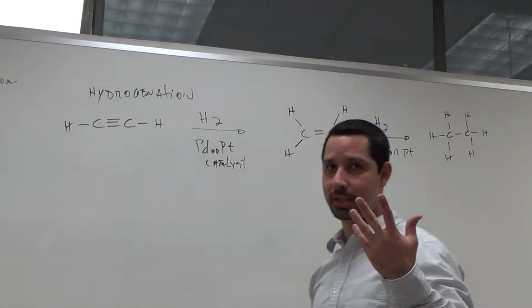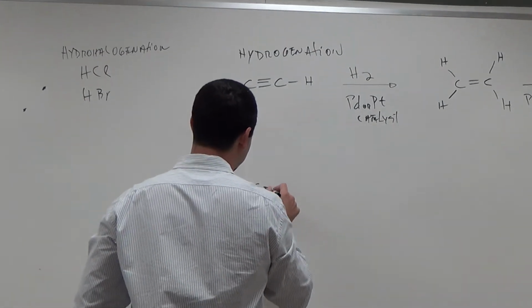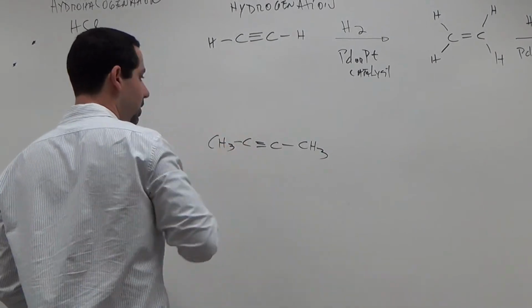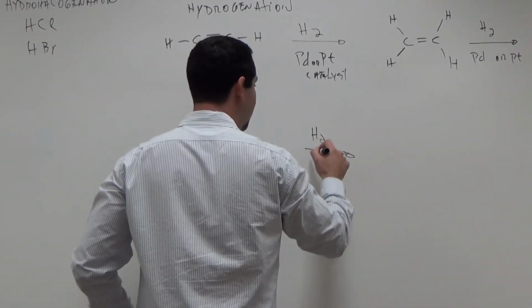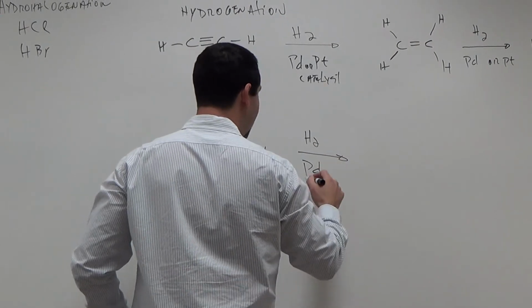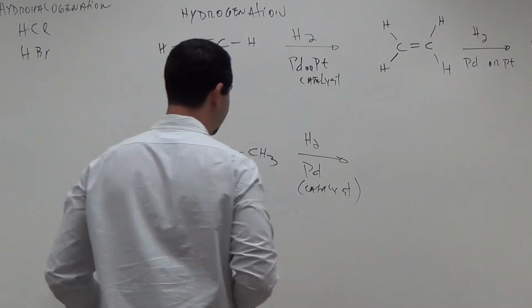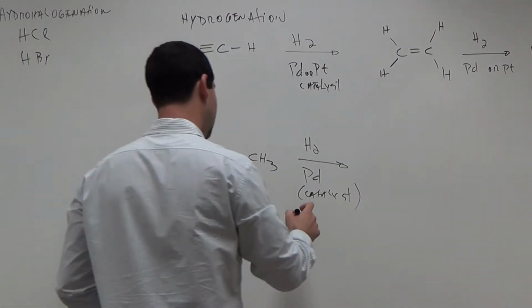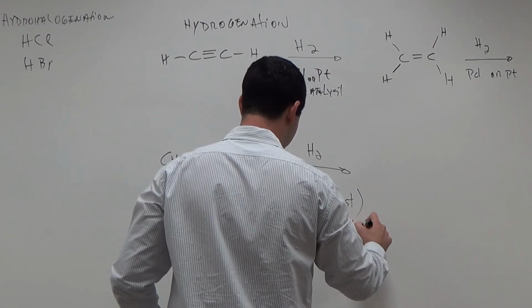So in general, let's say that I have this, CH3 here, CH3 here. And I treat this with hydrogen and palladium as a catalyst. What type of addition is this? This is a syn addition.